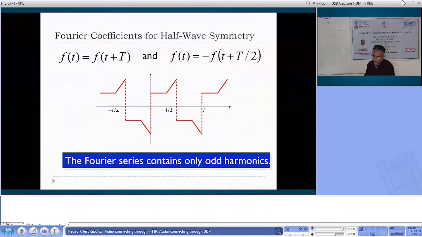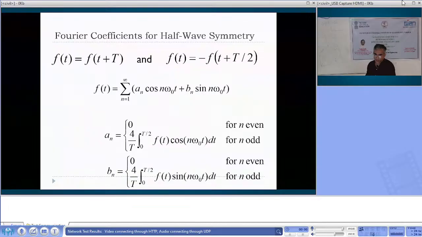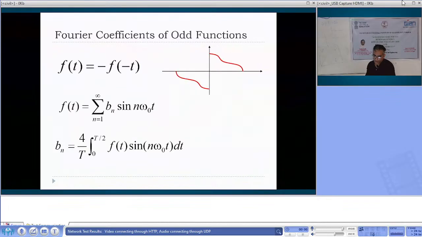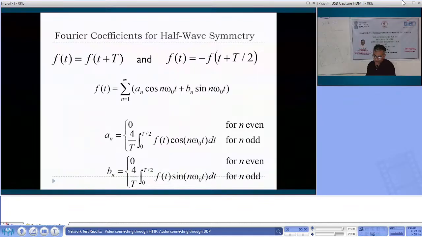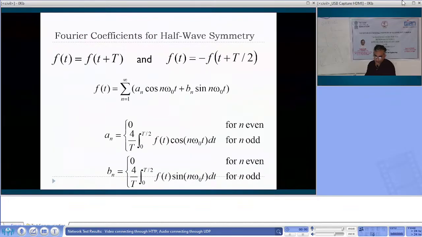Generally we have half wave symmetry, and then your analysis and computation is reduced, because you have to integrate only for half the duration. Otherwise you integrate for a complete time period. That will give the value of your coefficients.